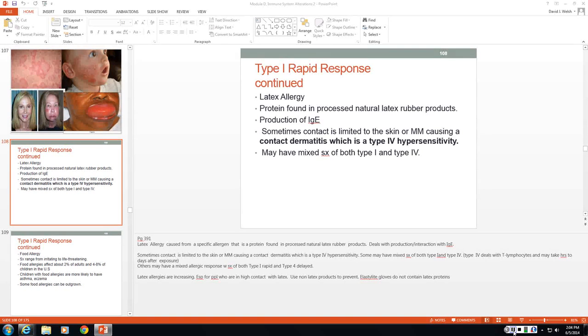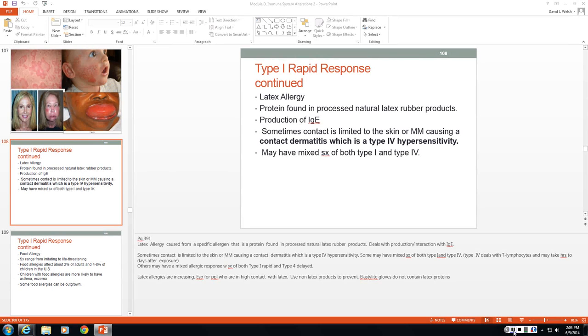Elastomeric gloves don't contain latex proteins, so you're going to see a lot of people, especially nurses, with latex allergies, and there are a lot of non-latex materials available now, especially for patients even. When you have a patient that has latex allergies, that has to be noted somewhere in their chart, and usually they hang a sign in the room to let people know, so they don't use latex gloves or latex products.